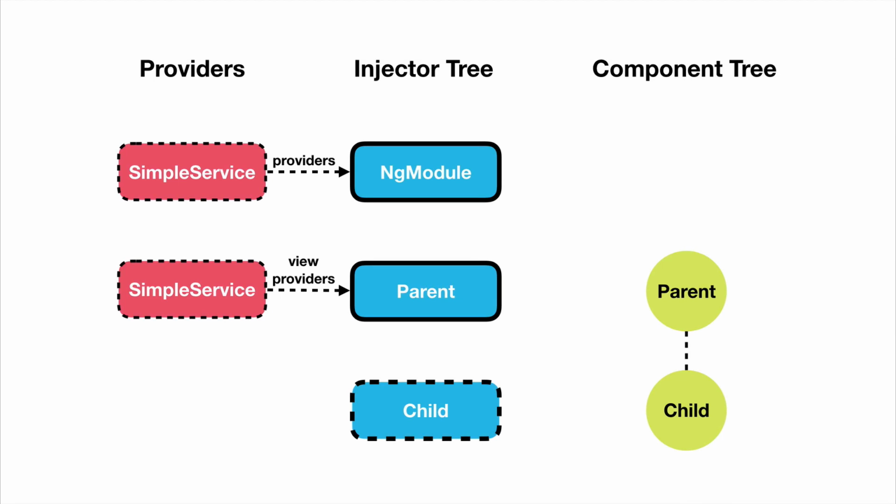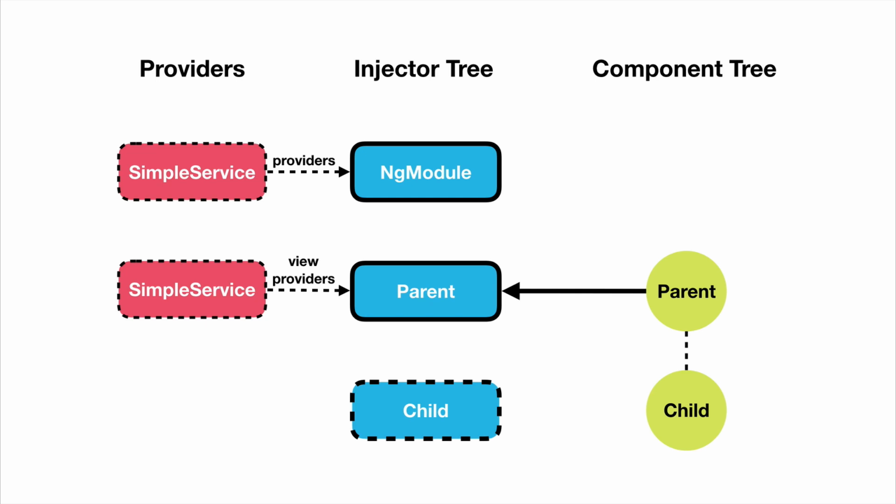So similar to before, we've provided simple service on NgModule and we've provided simple service on the parent injector, but via the view providers property. And now when a parent component requests a resolution of the simple service token, it goes to its parent injector. And since it's configured on the parent injector, that's fine. It will return an instance of simple service.